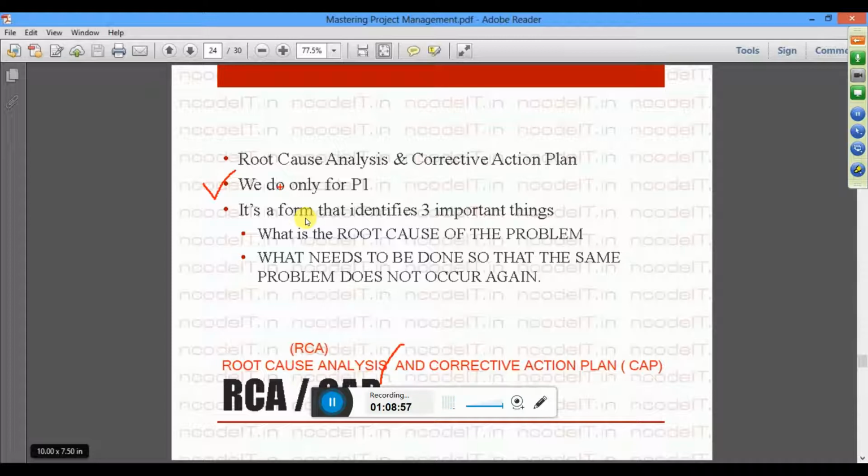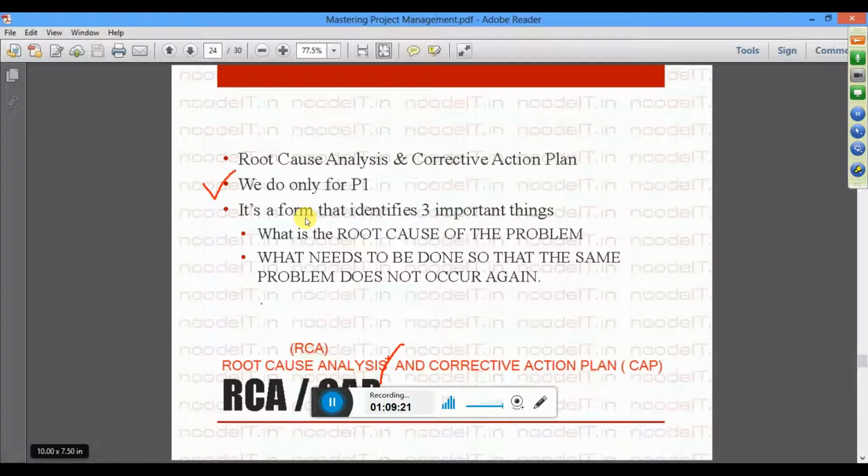So in spite of knowing there will be problems, this problem still occurred, and the business wants to know why we were not able to predict it. So you analyze the root cause of this problem.